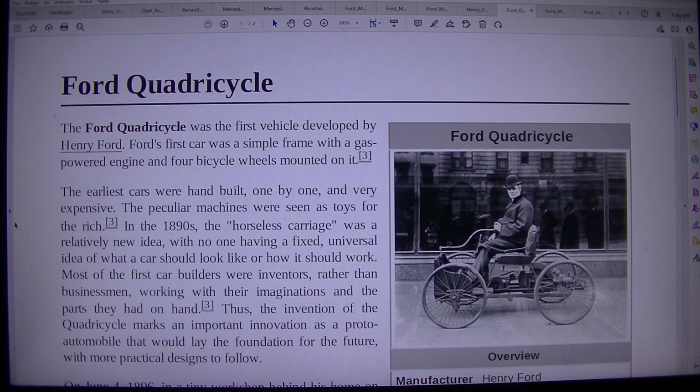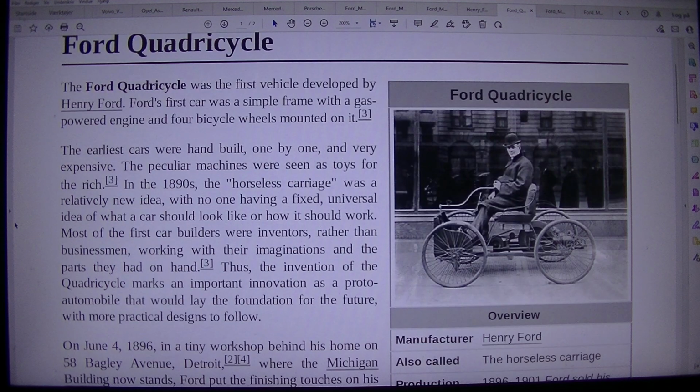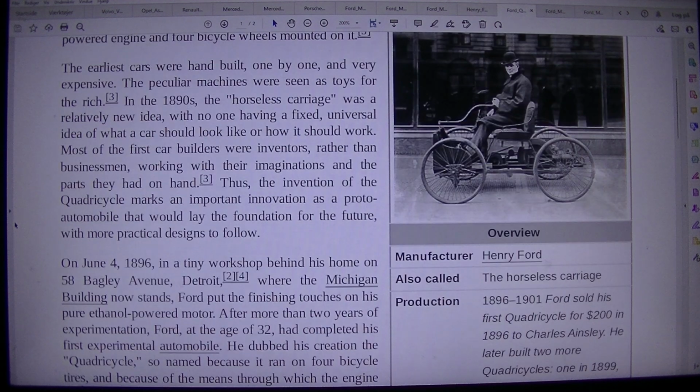Most of the first car builders were inventors, rather than businessmen, working with their imaginations and the parts they had on hand. Thus, the invention of the quadricycle marks an important innovation as a proto-automobile that would lay the foundation for the future with more practical designs to follow.